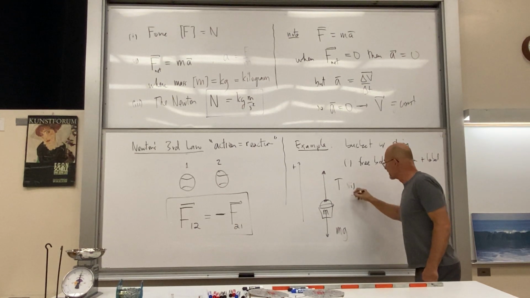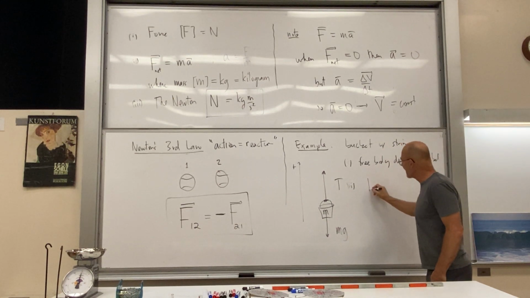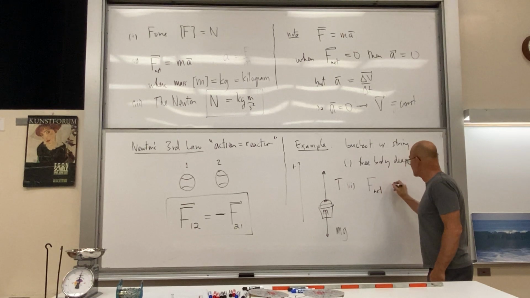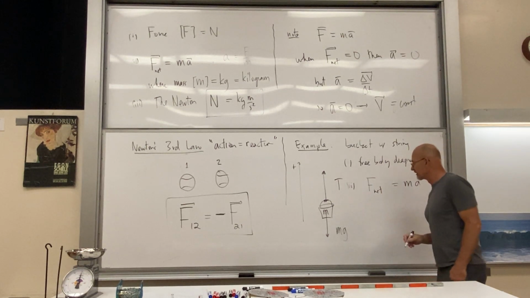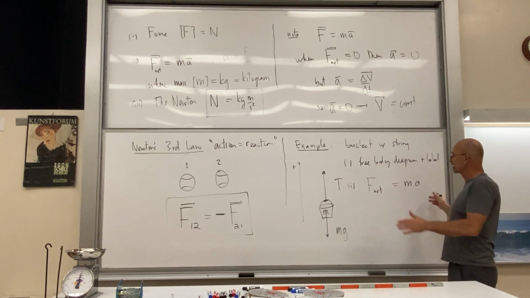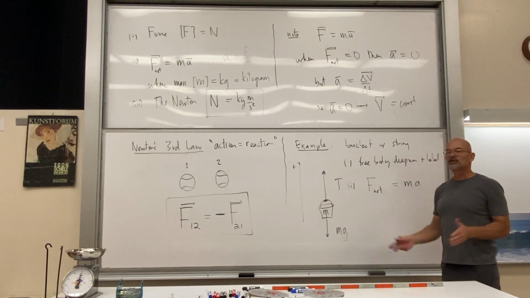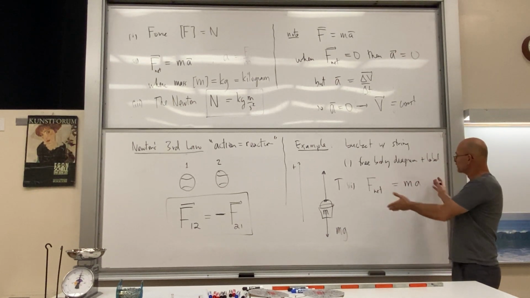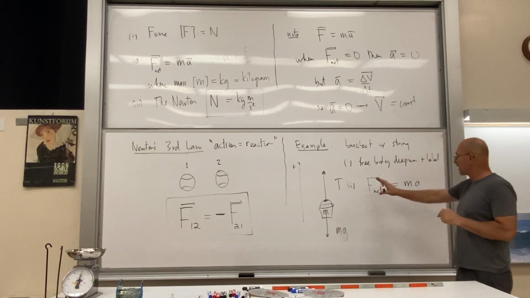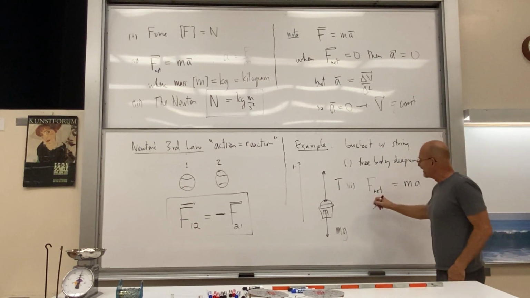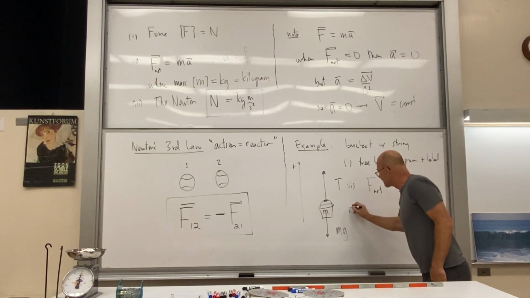The second step, and always do this, write down Newton's second law. It's true, right? So you wrote something down that's true. Nothing bad can happen. So you write down Newton's second law, and then you evaluate it.